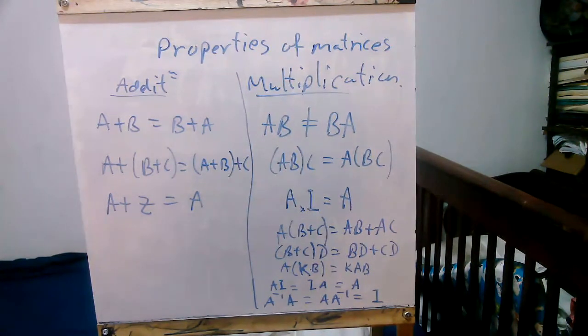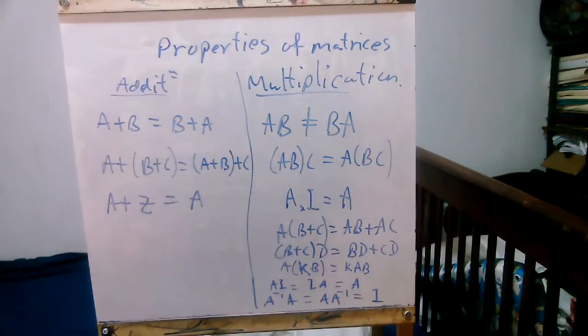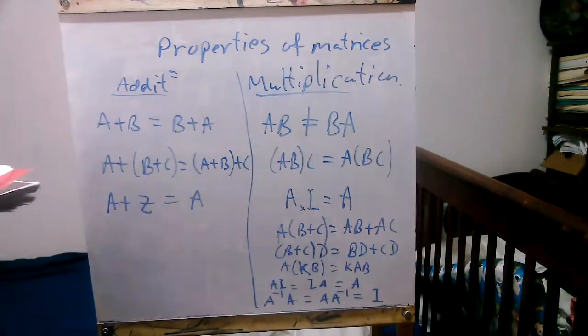Okay, now I described finding the inverse matrix A inverse for a 2 by 2 matrix. That is different for 3 by 3 or any other matrix.